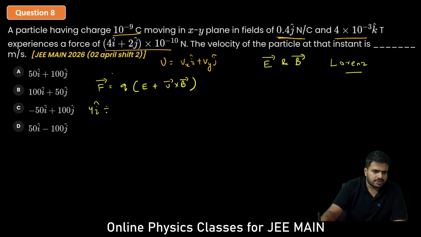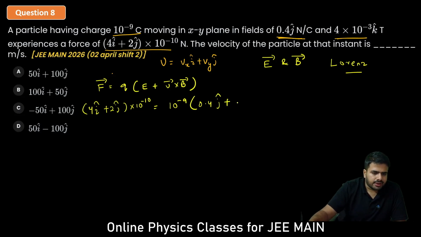4 i cap plus 2 j cap, they have given in the question, into 10 to the power minus 10, the charge value is 10 to the power minus 9, and the electric field value they have given is 0.4 j cap, plus the velocity vector we have assumed ourselves, Vx i cap plus Vy j cap, cross product with the magnetic field.